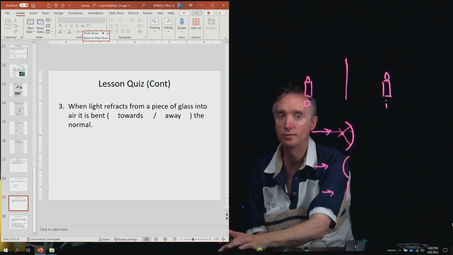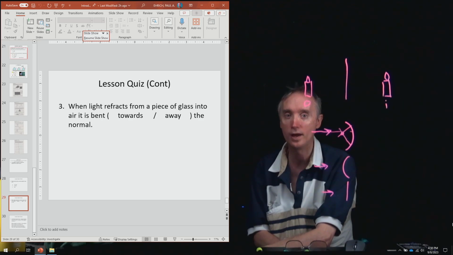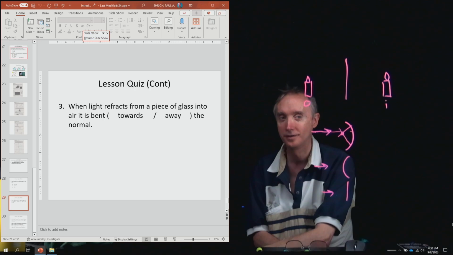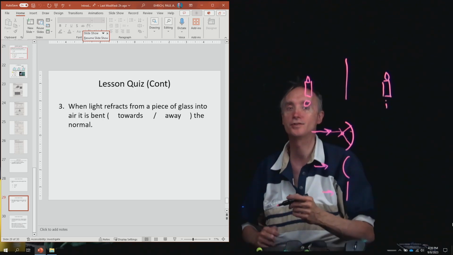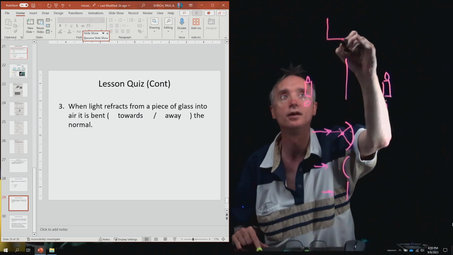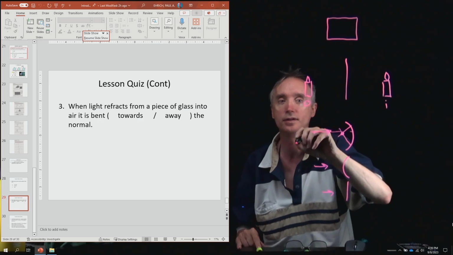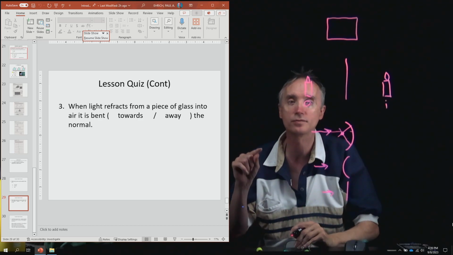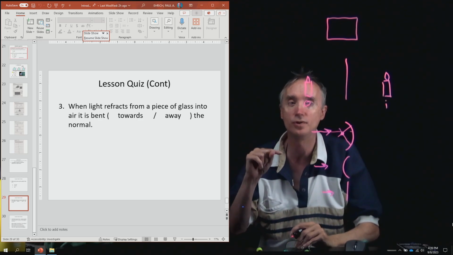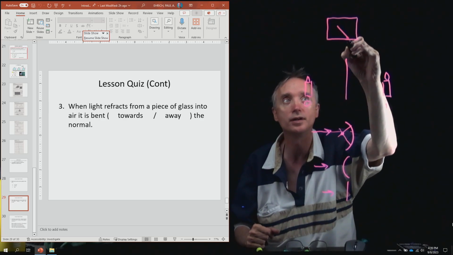Okay, question number three. When light refracts from a piece of glass into air, is it going to be bent towards or away from the normal? Let's draw our piece of glass. It says that light refracts from a piece of glass into air, so this time the light is coming this way.